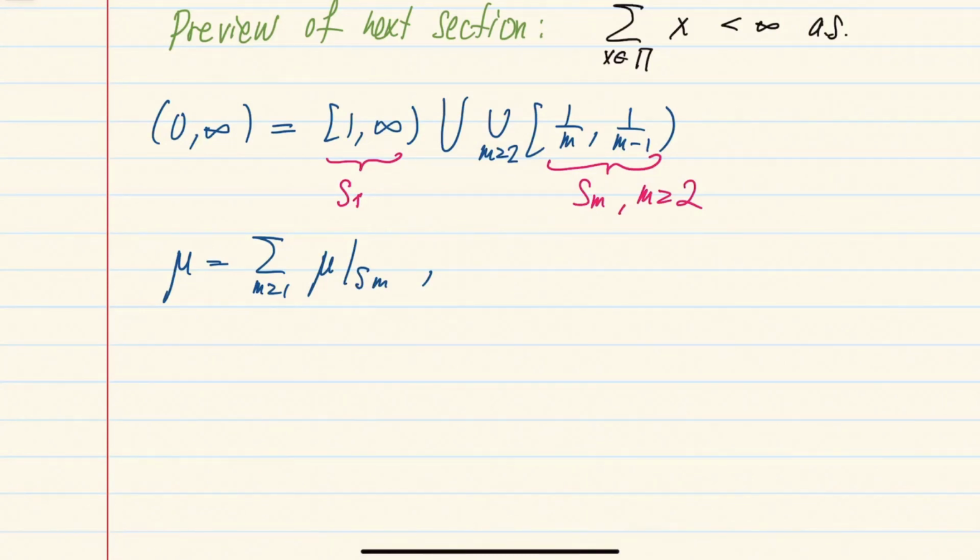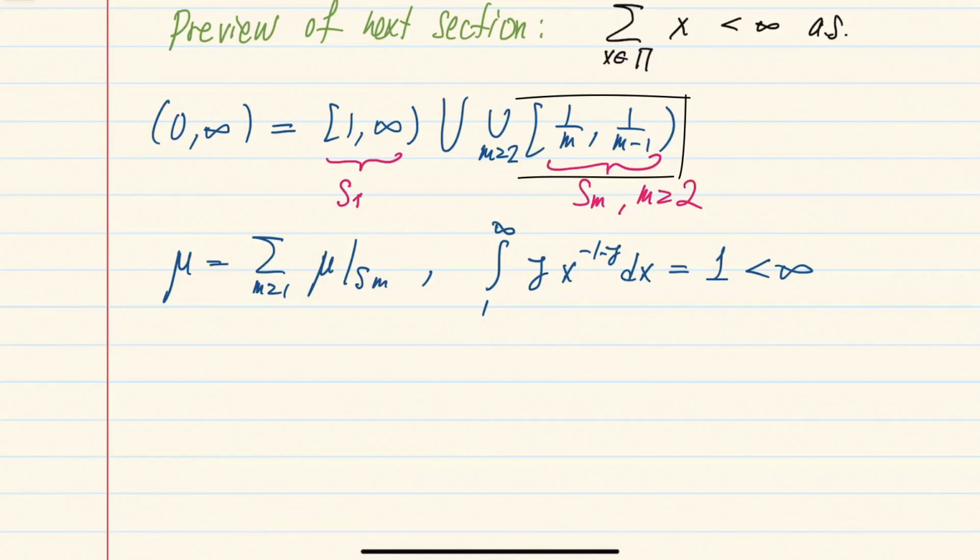If you check on the first interval from 1 to infinity, the integral of our measure here is actually 1, so it's finite. And clearly on each of the intervals of the form as above, the integral would also be finite. So this gives us a particular representation in the definition of the Poisson process.